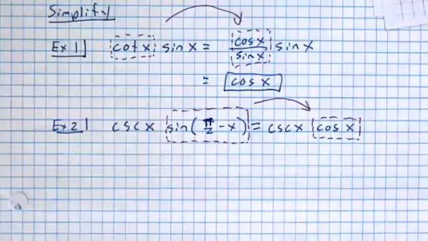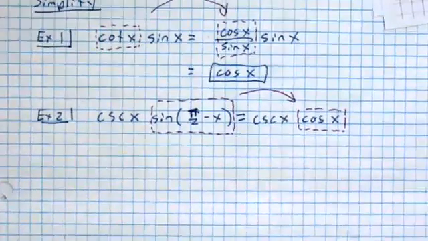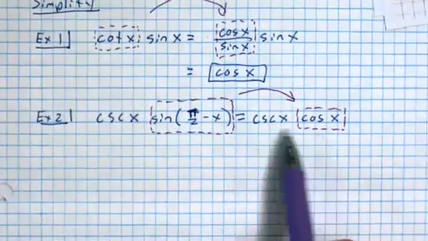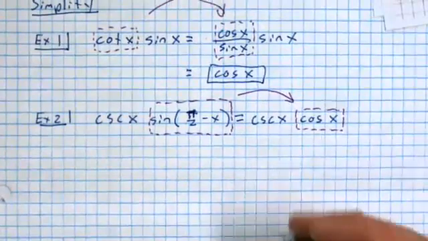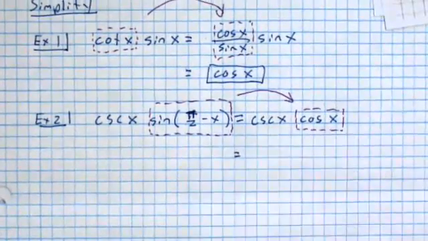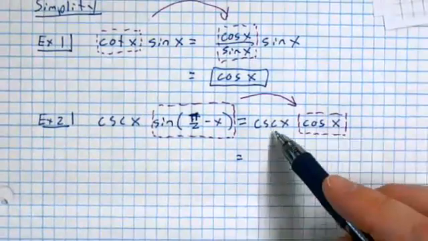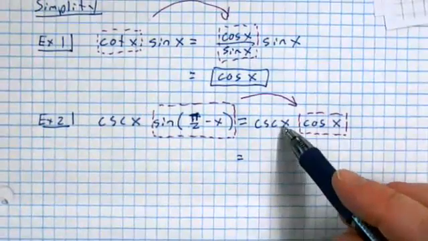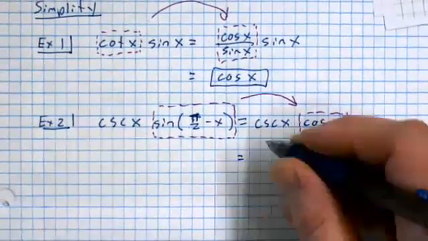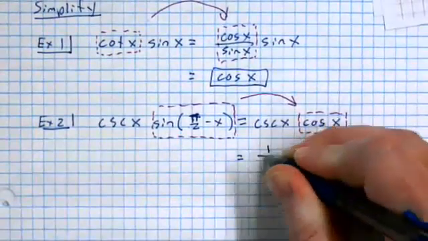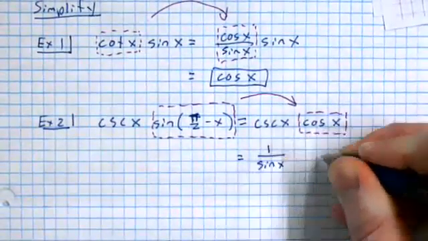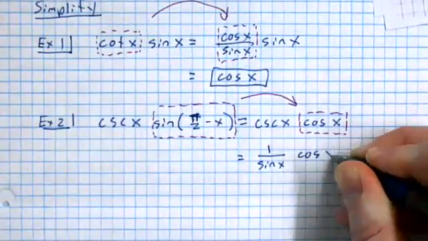Okay, so boom, boom, boom, there we go. So this looks like we could probably still simplify it a little bit more. I'm thinking about maybe leaving the cosine alone now and changing this into 1 over sine x, and leaving the cosine alone.